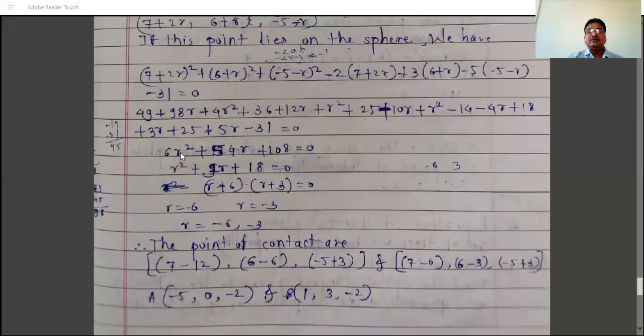And then simplify this. We have the equation 6r square plus 54r, after addition and subtraction of r terms, plus 108 is equal to 0.